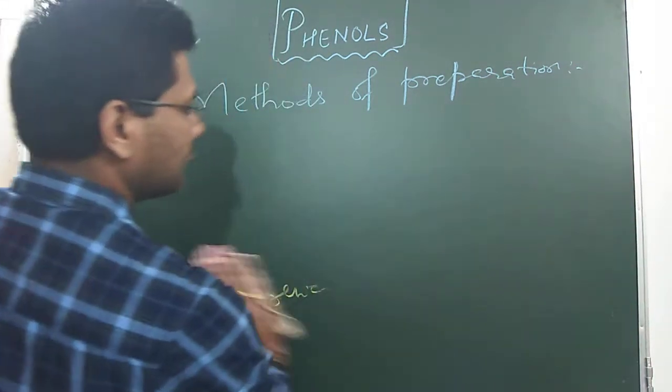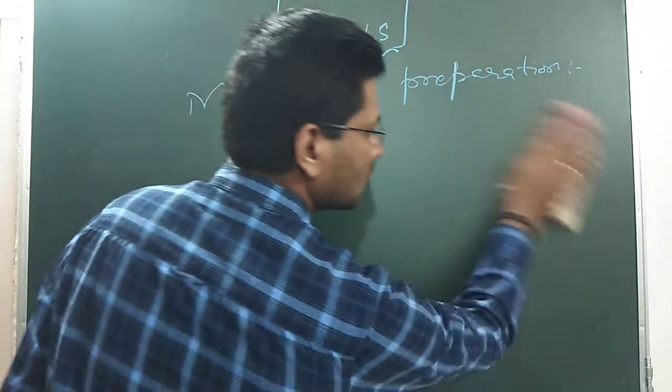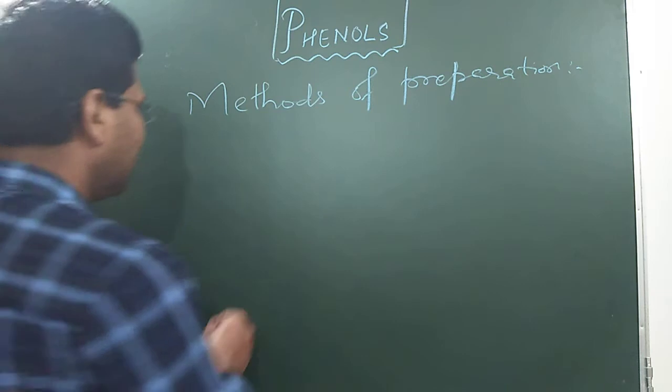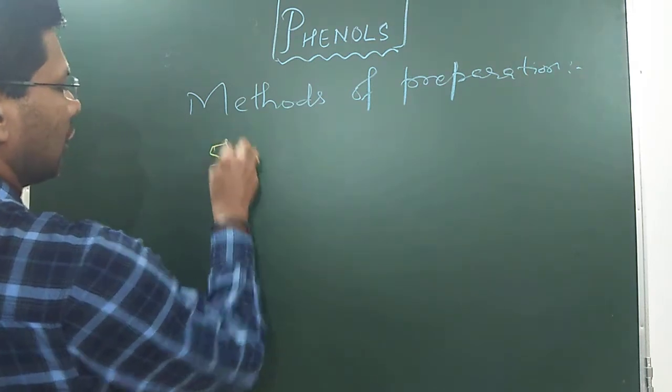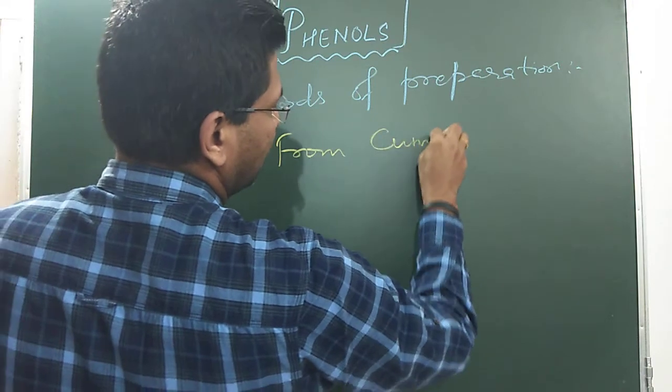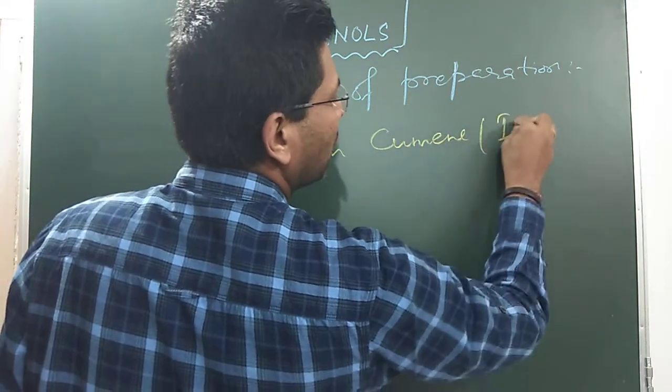Next method is from cumene. Cumene is also called isopropyl benzene.